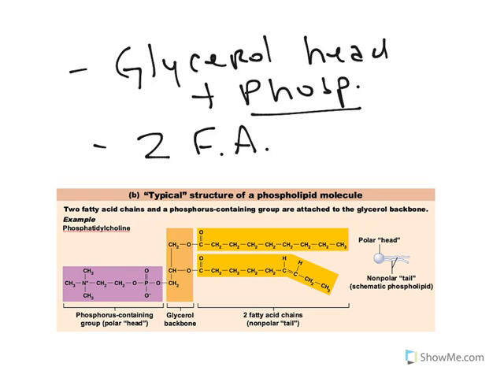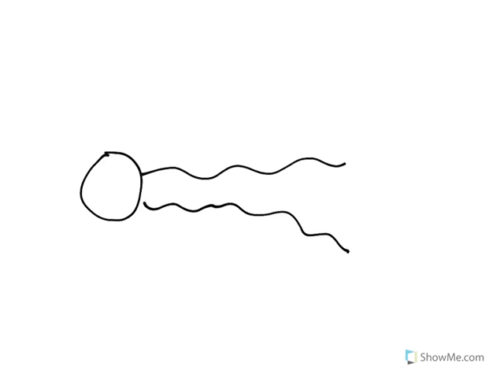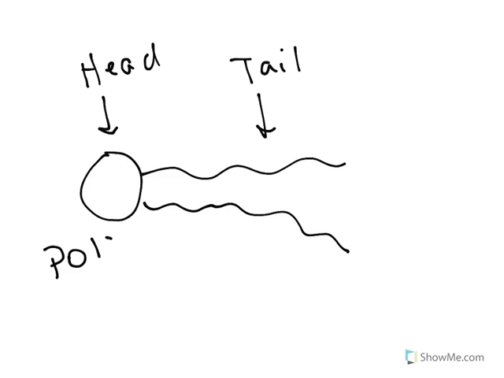And you see down here at the bottom the phosphorus-containing head and the glycerol, and then you see the 2 fatty acid tails. When you draw a schematic of it, it's typically drawn like this. In my own schematic drawing here, you see that it has a head region and a tail region. Important to note that the head region is polar.